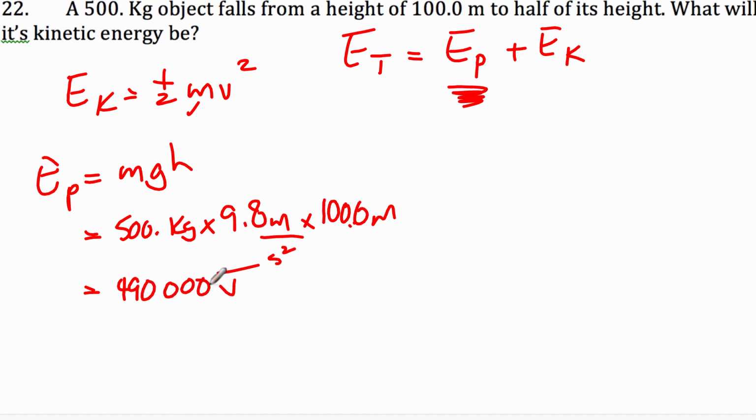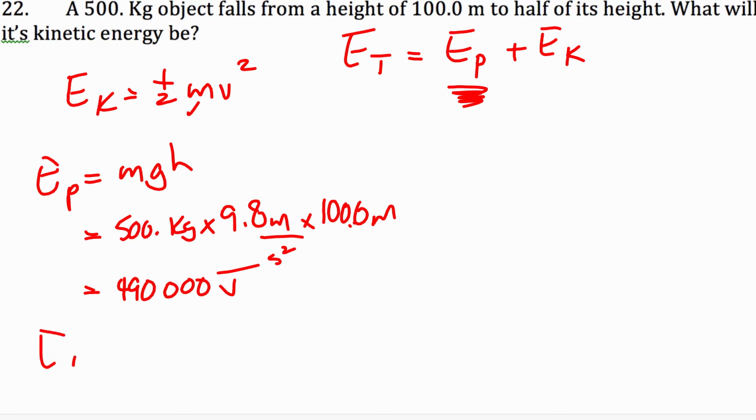But now that is the energy if it was right at the top. So that would be the potential energy. And if it was at the top and it's not moving, there'd be 0 kinetic energy. So if I went halfway down, I would just divide this by 2.